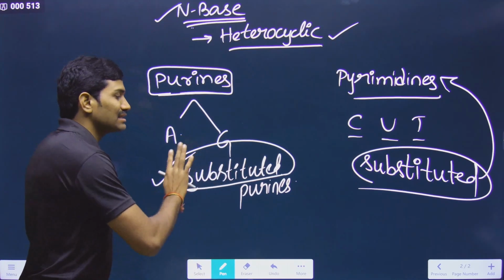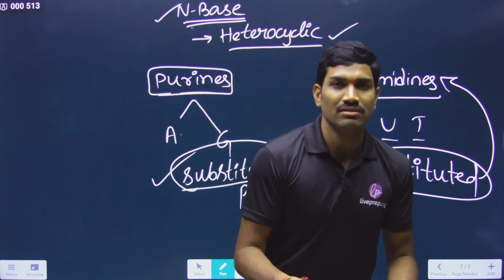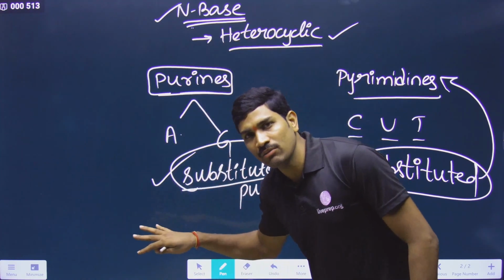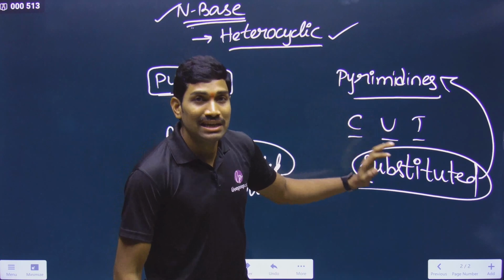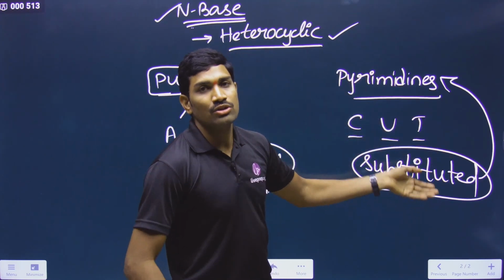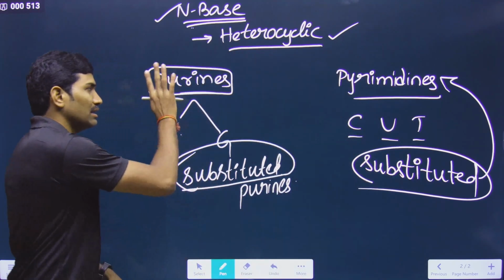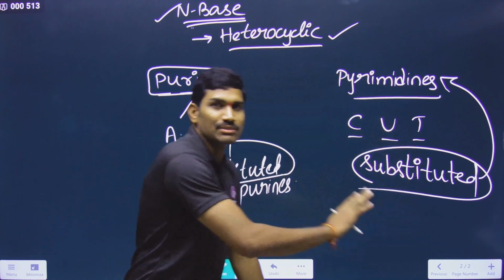Technically these are substituted purines. That means these two have a basic purine ring, they are purine ring containing molecules. And these basically have a pyrimidine ring, which is then substituted. So that's why they are considered pyrimidines. Clear? So adenine and guanine are substituted purines, and cytosine, uracil, and thymine are substituted pyrimidines.